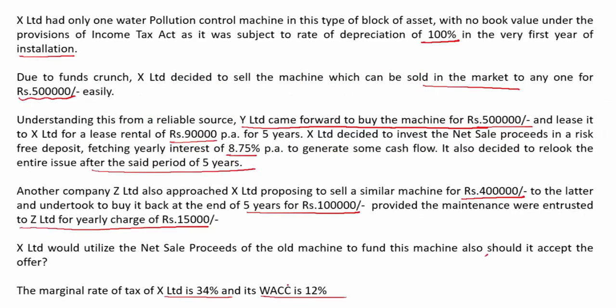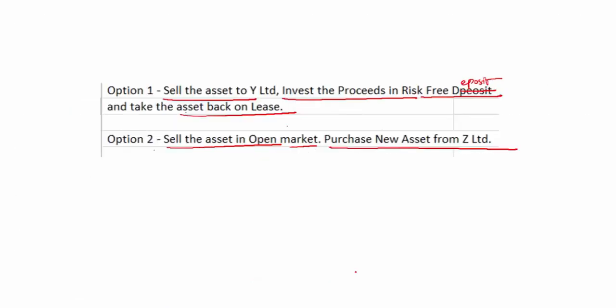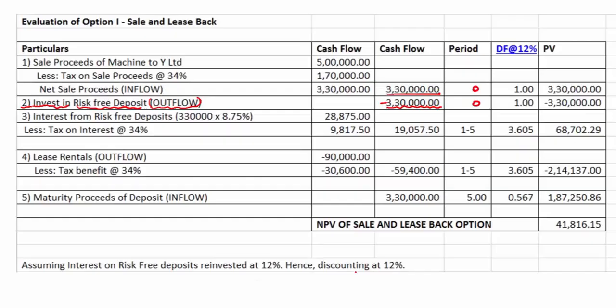Let's check in the question. 12% is weighted average cost of capital. It means this is the minimum return the organization should earn. But now I am going to invest this risk-free deposit of 3,30,000 at time 0. So for time 0 the discount rate does not matter at all for me, so it is 1, and 3,30,000 is an outflow, so I'm carrying it with a negative sign, right?